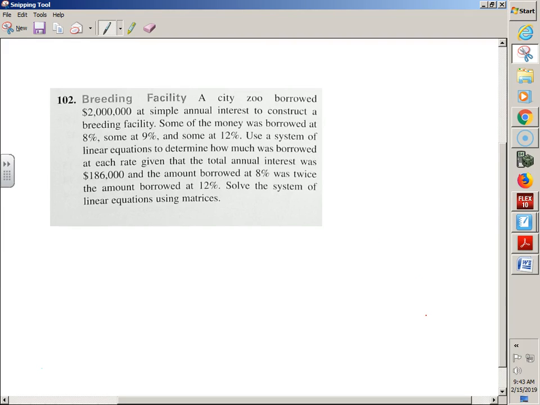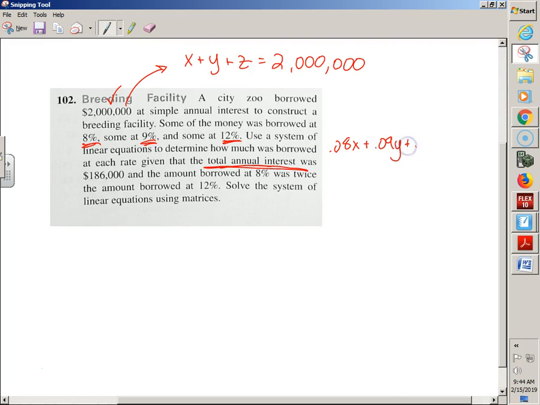I see them putting money in different accounts, right? So maybe I can say all the money they put into the accounts needed to add up to how much money they needed, which was $2 million. That gets that one. Use a system of linear equations for the total interest gotten. So can't I say 0.08 times one amount plus 0.09 times another plus 0.112 times another is equal to the total interest?